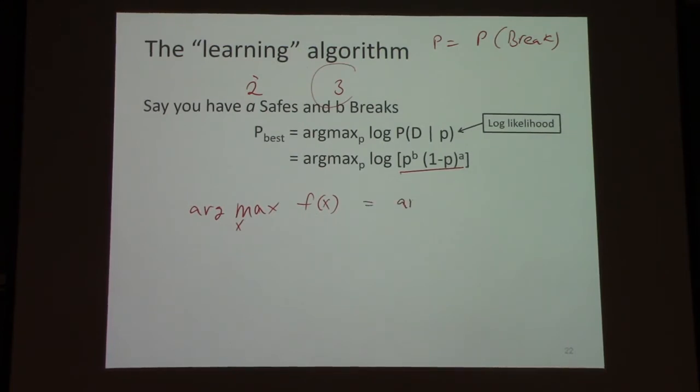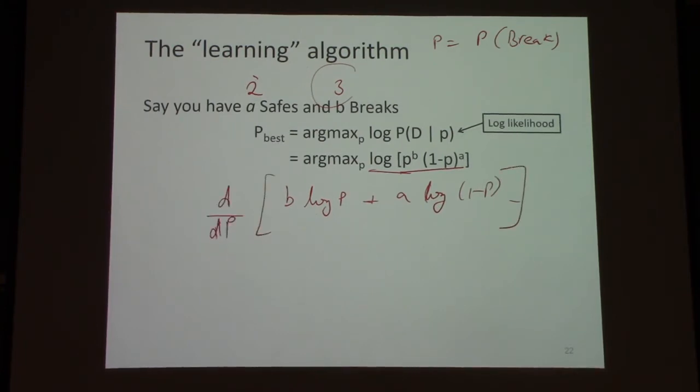This is the same as argmax of log of f of x. Why? Because log is an increasing function. I could replace it with any increasing function. It just so happens that this particular mathematical trick is convenient for this functional form, because then this whole thing is simply log p times b plus a times log 1 minus p. And I want to take the derivative of this with respect to p. It's easy. On the other hand, if I had done it on the original thing, you just end up with this mess of an equation to solve.